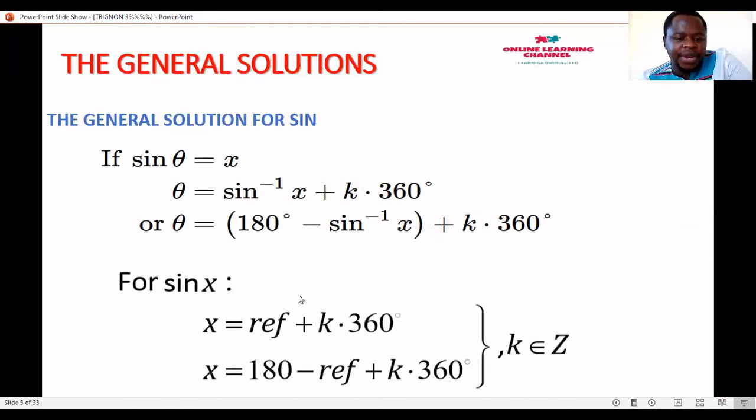So for sin x equal to this number, you say the reference angle plus k multiplied by 360, or x is equal to 180 minus the reference angle plus k multiplied by 360, where k is an element of integer, not an element of real number. You can substitute any letter as long as you write that k is an element of integer.